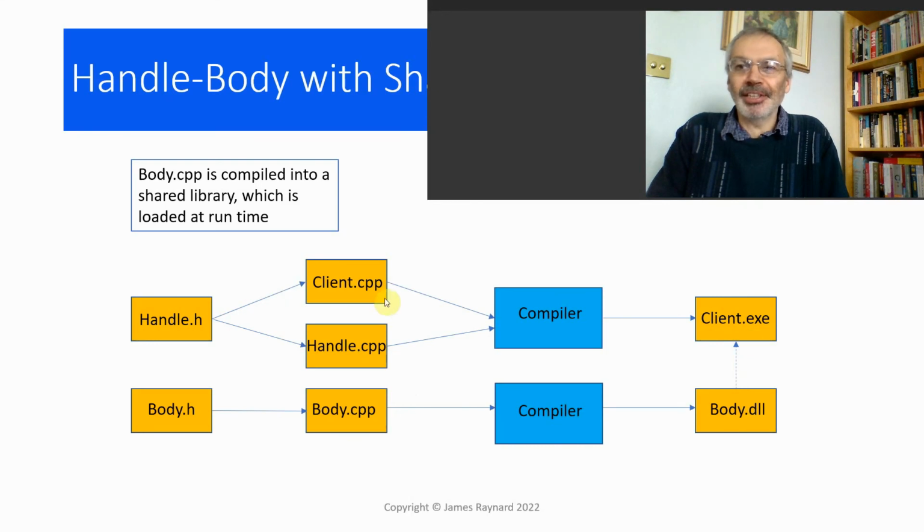So that makes the code from the body available to the client at runtime. If you're a company which is selling products and you have an update, but you've only changed the code in the body, the implementation of this class, then you can just send your customers a new version of the DLL. You don't need to deliver a new version of the binary and get your customers to reinstall it.